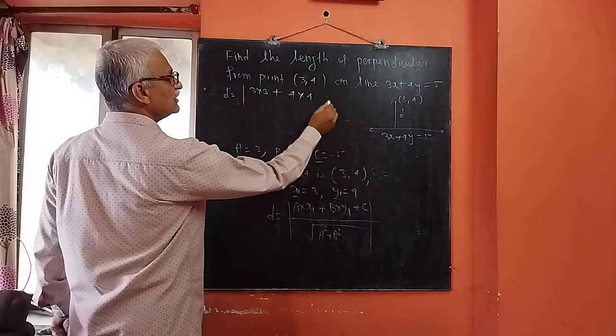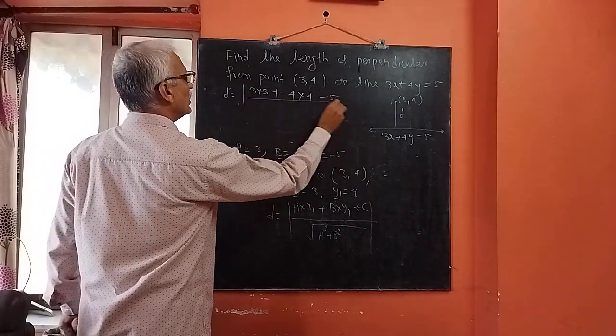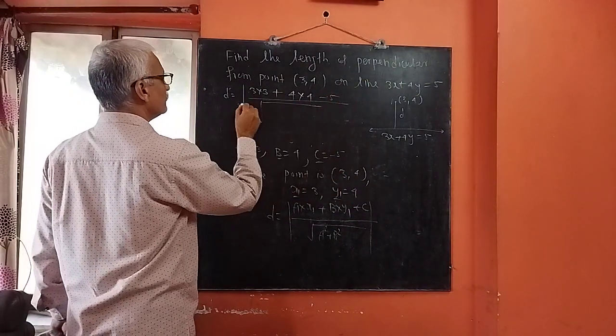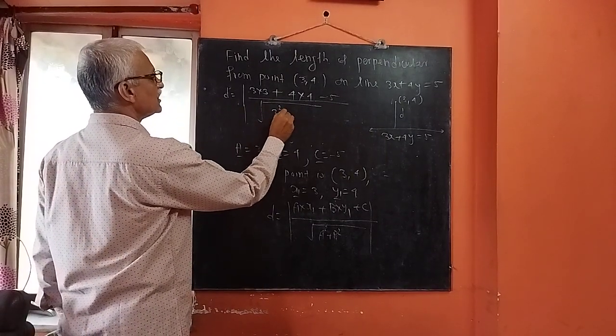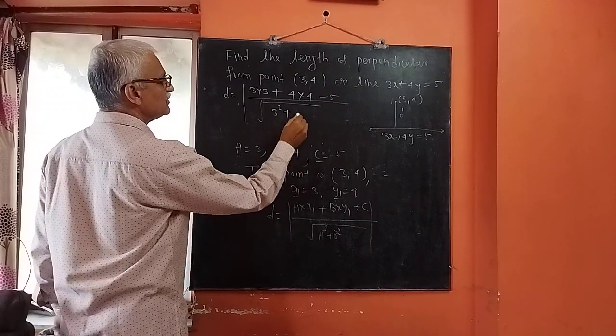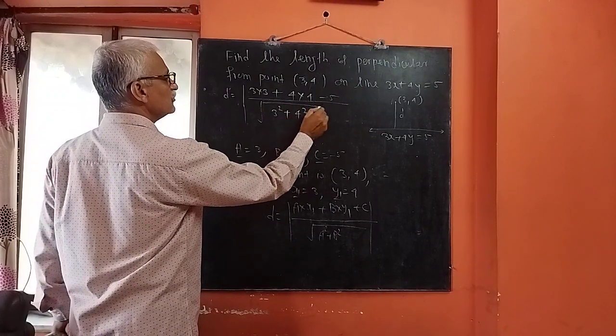The value of c is minus 5, upon square root of a square. a is 3, so that is 3 square, plus b square, b is 4, that is 4 square.